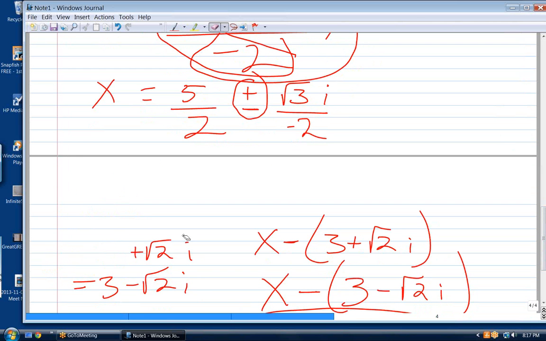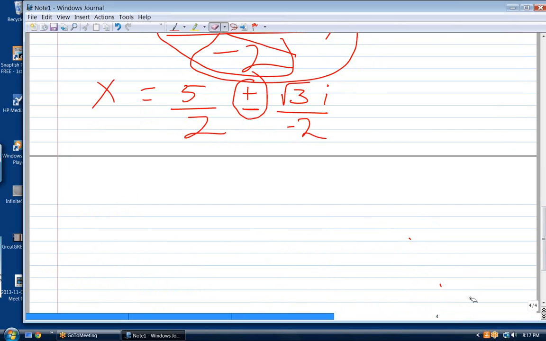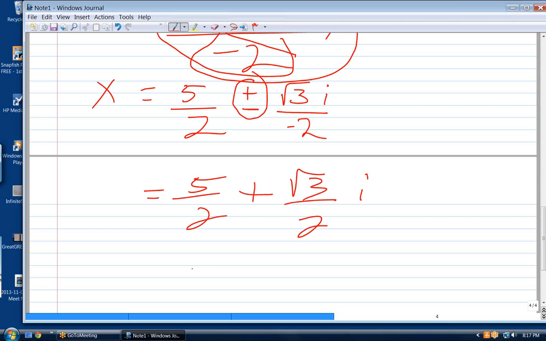What are my answers? X equals 5 over 2 plus root 3 times i over negative 2. And then x equals 5 halves minus root 3i over negative 2. Or I can use positive 2. Notice that it's the same thing. As long as I'm having a plus and a minus, it doesn't really matter whether this coefficient is plus or minus.